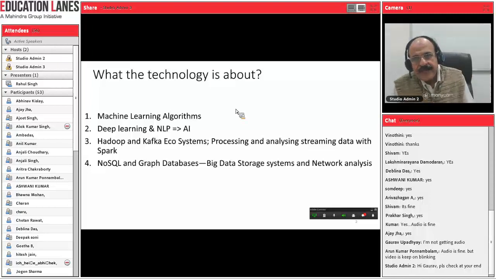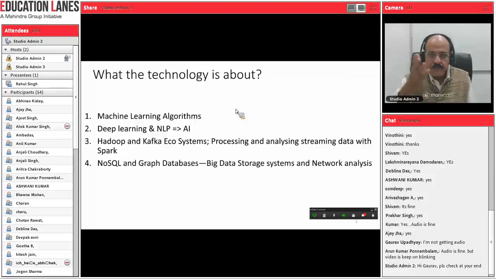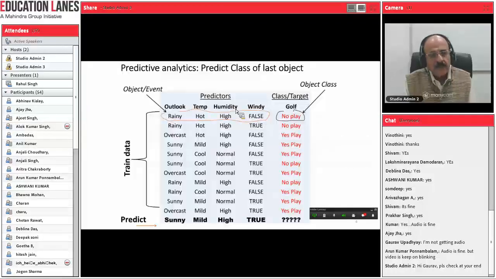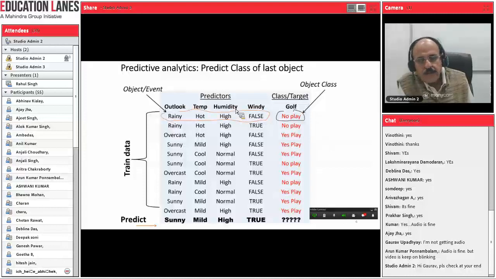Let me start with explaining, first of all, how this technology works. When we say machine learning, all of you must have heard machine learning many times. So what does this mean? Let me take this mundane data of playing of golf, whether golf was played under certain weather conditions or not.